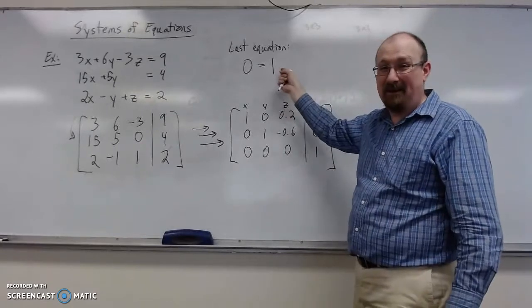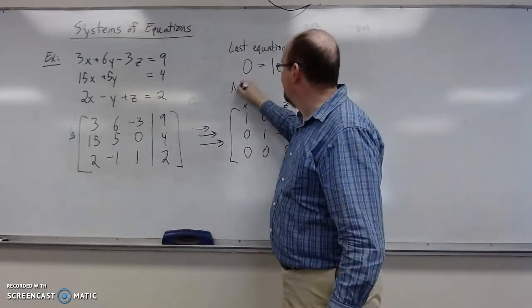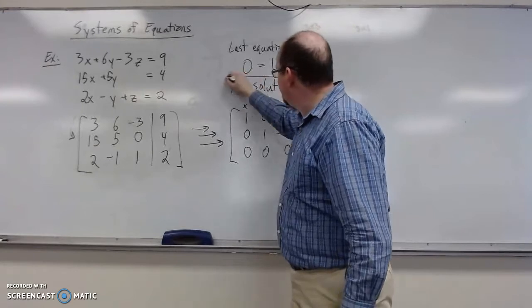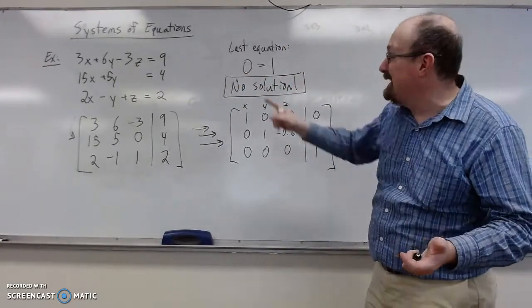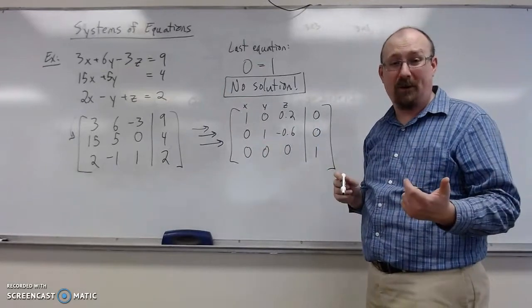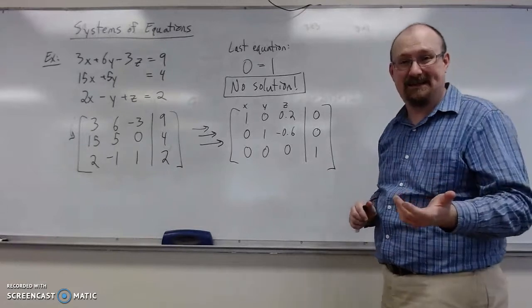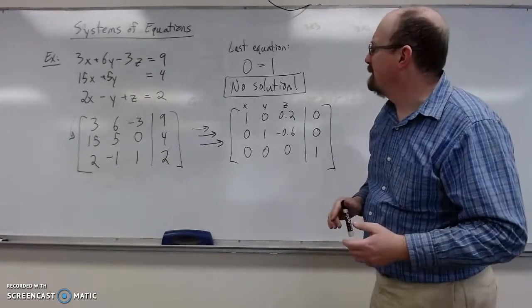If you get something like this where the equation turns out to be just straight up nonsense, then the system, as it turns out, does not have a solution. We cannot find x, y, and z values that satisfy all three of those equations at once. The fancy math lingo for this is an inconsistent system. So that can come up from time to time.